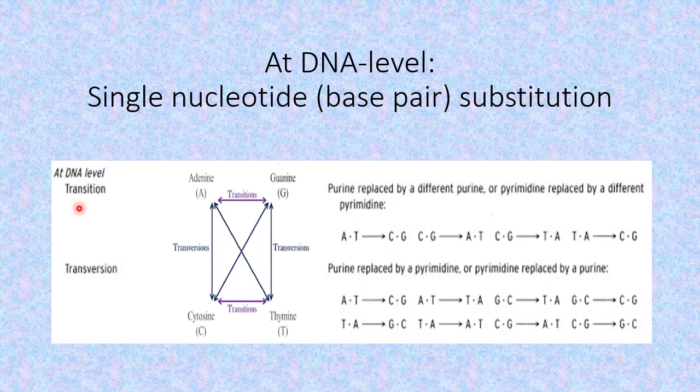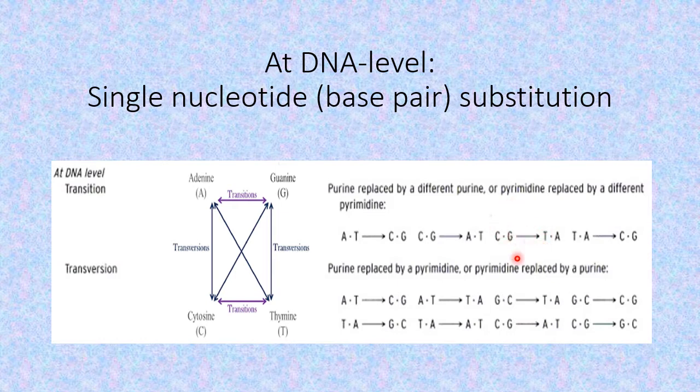They may either be the transition, in which a purine is replaced by another purine, or a pyrimidine is replaced by another pyrimidine, or it may be of transversion type, in which a purine is replaced by a pyrimidine and vice versa.